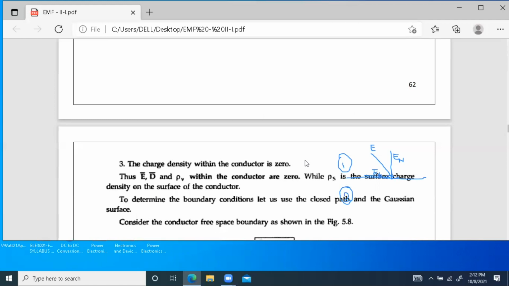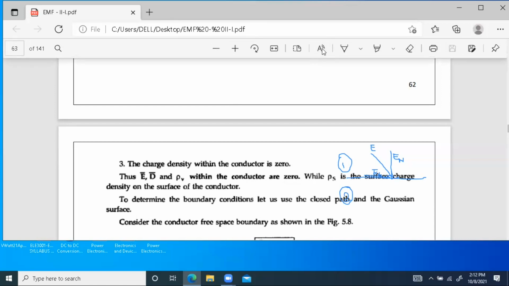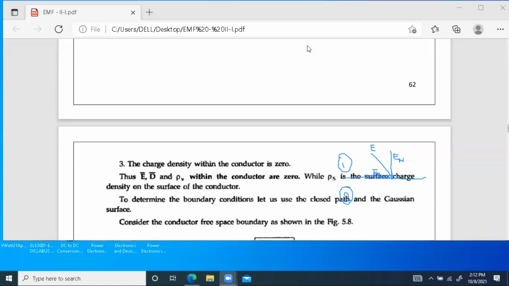The charge density within the conductor is 0. Thus, E, D, and rho V within the conductor are 0, while rho S is the surface charge density on the surface of the conductor.